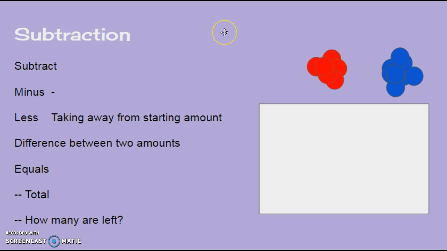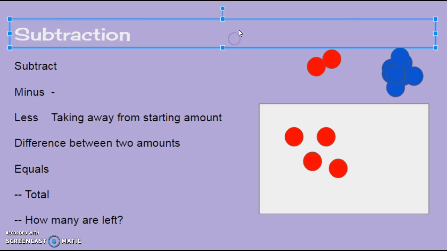So let's start by taking away from a starting amount, and the key word for that is going to be less. So I'm going to have a starting amount. And this is going to look different than the addition. My starting amount is 4, and then I'm going to take away 2 from that amount.